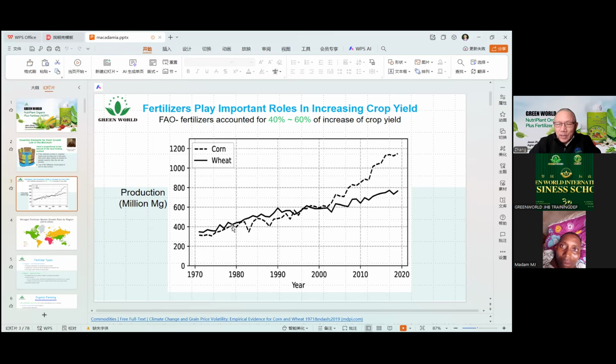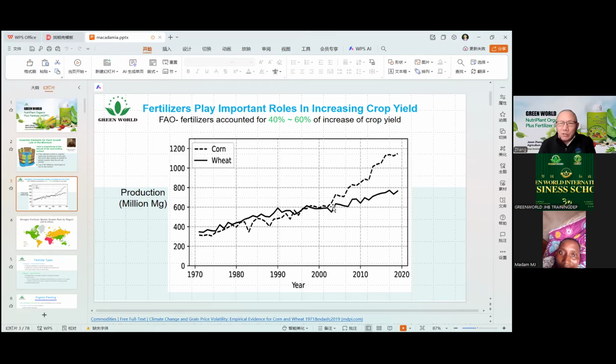A lot of places like the US and China have been using so much fertilizer that it significantly increased the yield. In developing countries, there is still a lot of room to increase the yield.